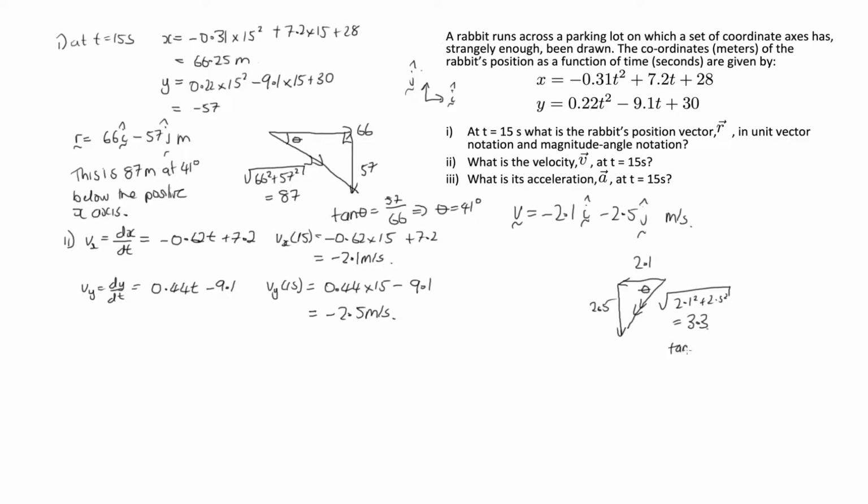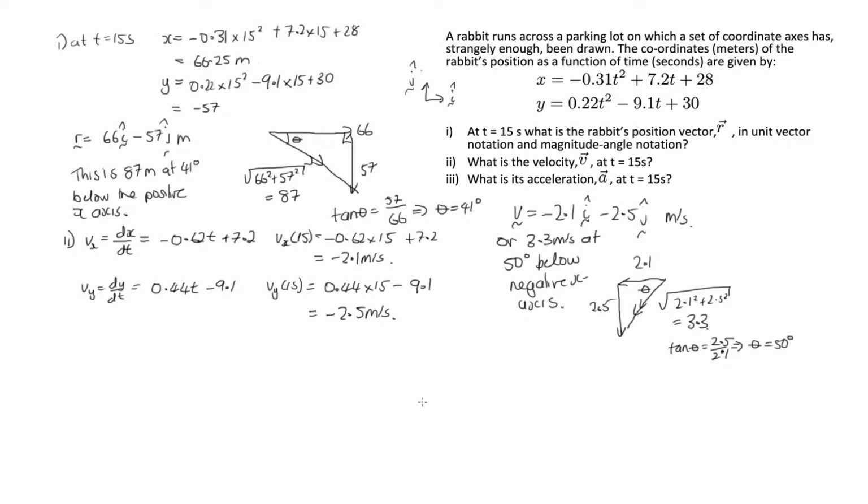So we've got tan theta is equal to 2.5 over 2.1, which solving on the calculator gives us theta is equal to 50 degrees.